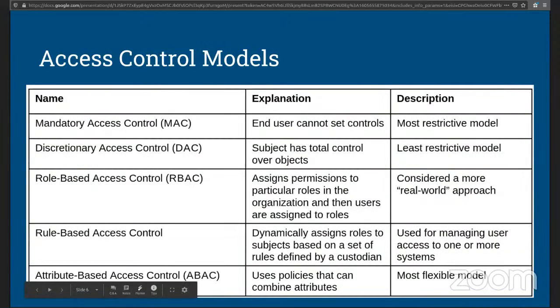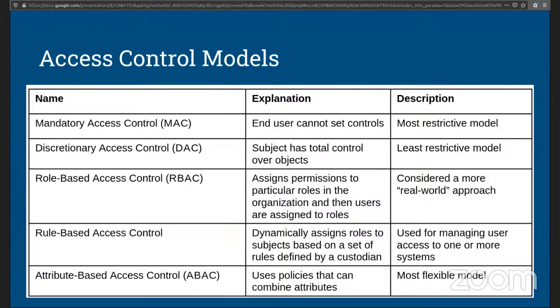There are different ways to set access control. It can be mandatory, where the end user cannot set the control, it is the most restrictive. So you know if you go down this road, you're going to have the most complaints. There's the discretionary access control, where the subject has total control over the object. So it's the least restrictive, the polar opposite of mandatory.